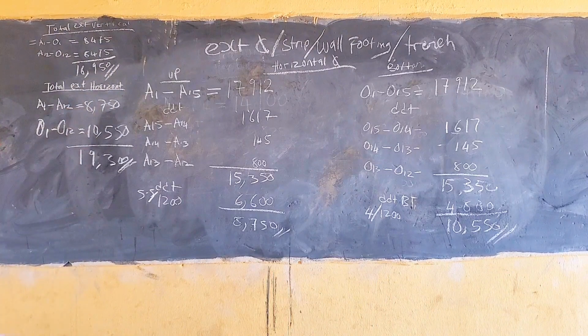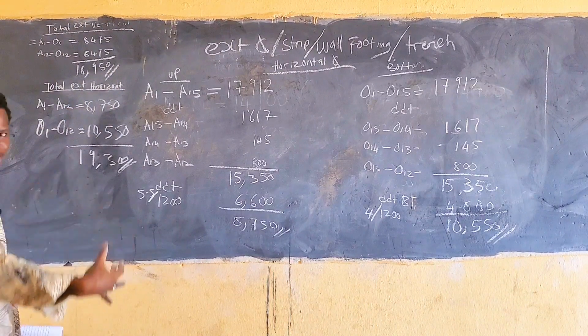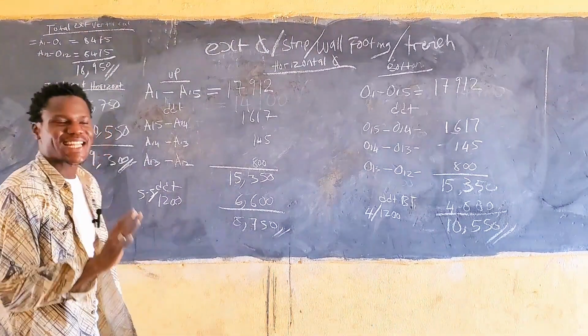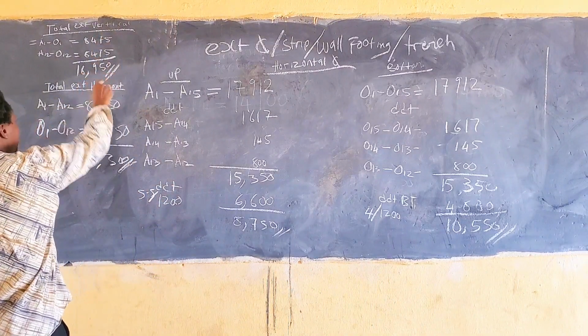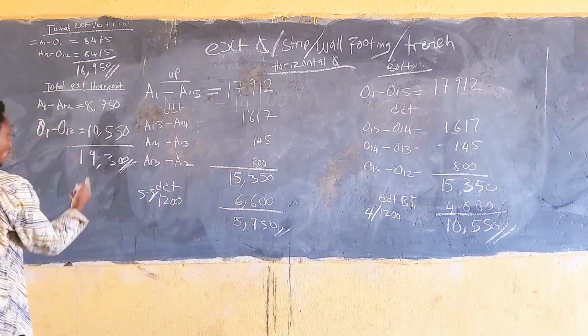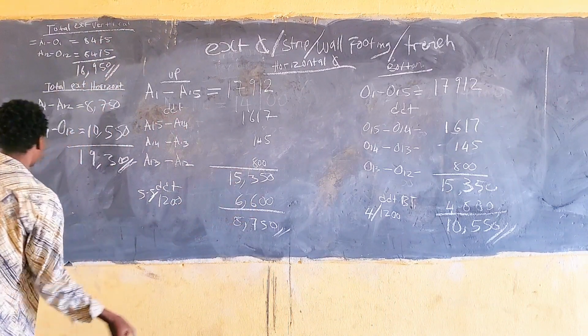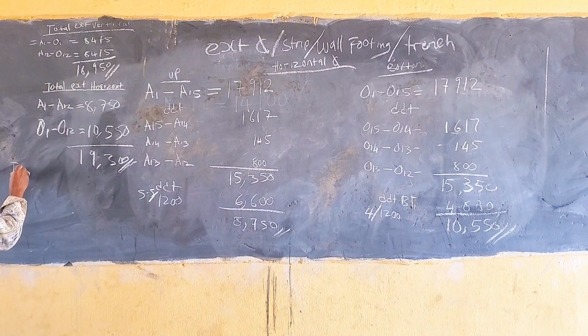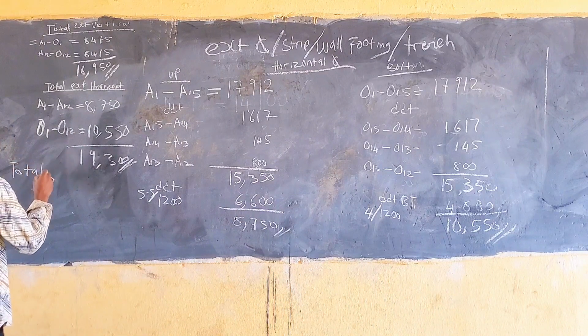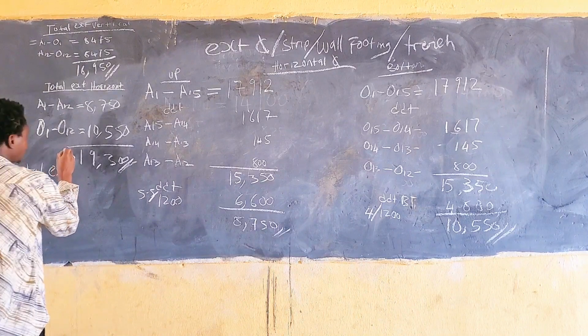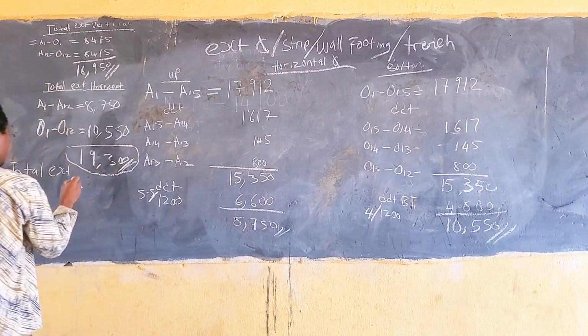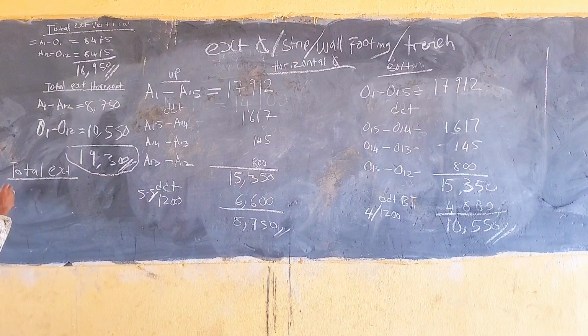After this, we'll now further find the total external gap. Since our total vertical we got to be 16,950, our total horizontal we got to be 19,300. We will now find total external gaps, which will be total horizontal, total vertical.